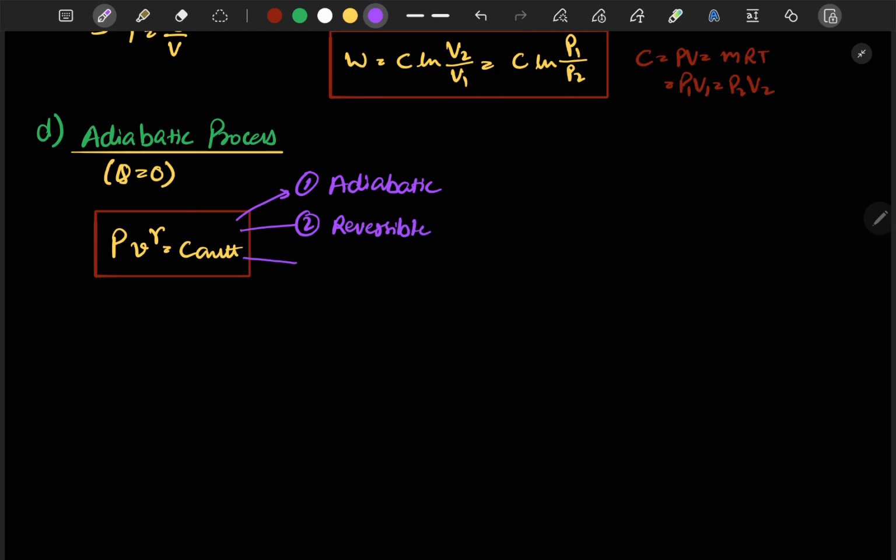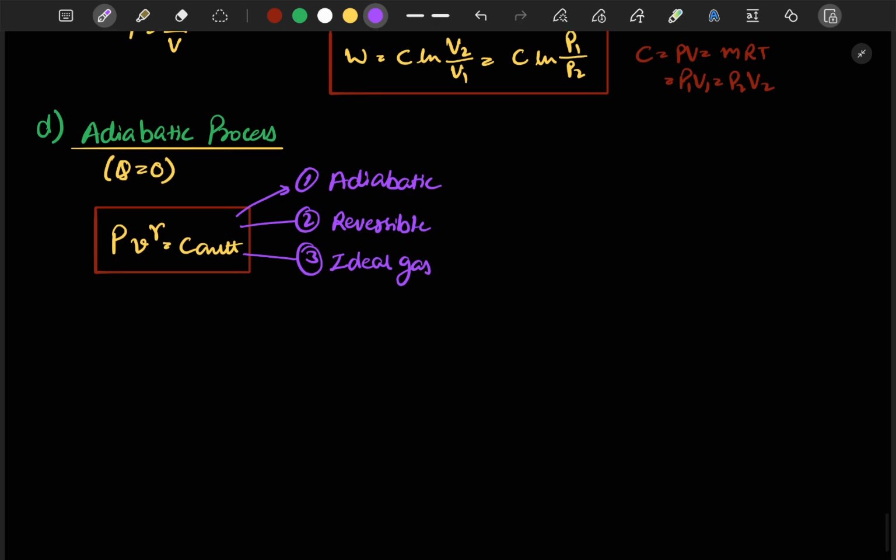And the third condition is the fluid must be an ideal gas. If these three conditions exist, then this relation is applicable in the case of adiabatic.